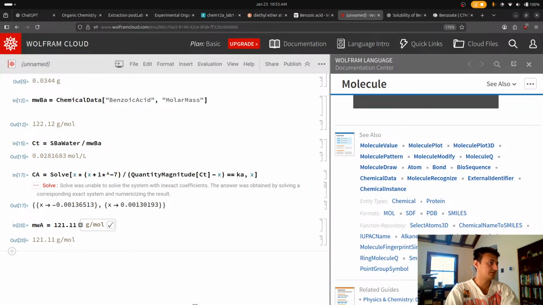Okay, so now we have 1.3 millimolar of A, so this is millimoles per liter. Then we want to multiply by 10 milliliters and we'll have moles. Then we want to multiply by the molecular weight of A. All right, so here we can do this.